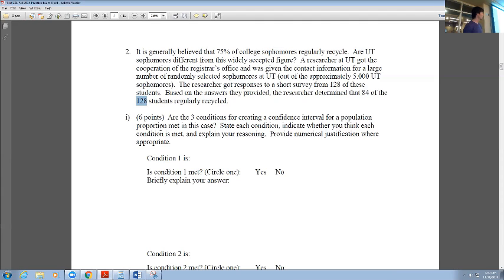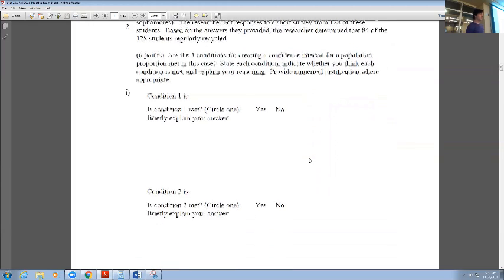Does that make sense? np hat and nq hat are the number of successes and failures in the sample. Since this question asks about conditions for confidence intervals, we would check the np hat and nq hat condition. If it said check them for tests, what's the third condition again? Success failure using np naught and nq naught, because p naught and q naught are assumed to be true. But it's always some form of the success failure.